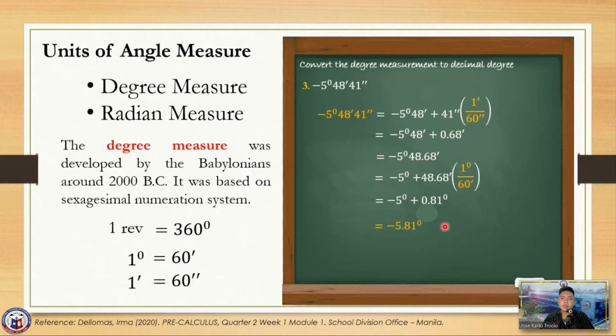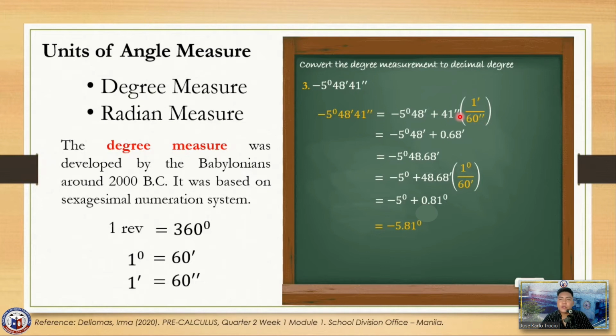The same procedure with example number 3. Again, just to recap, degree measurement to decimal degree. Separate first the last term, that is 41 seconds. Since it has 2 apostrophes, the denominator of what is to be divided should have 2 apostrophes too.